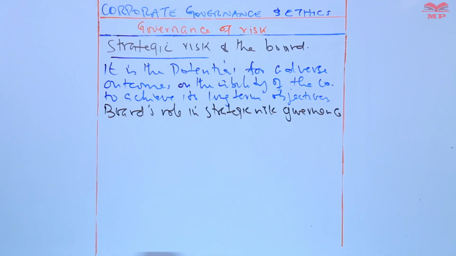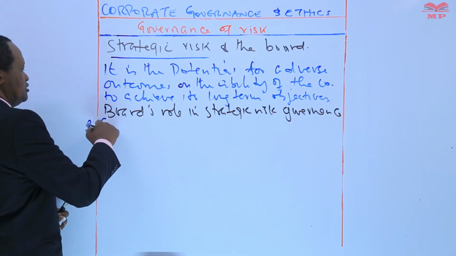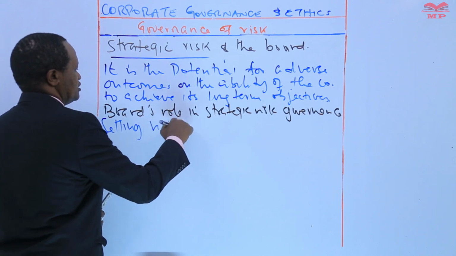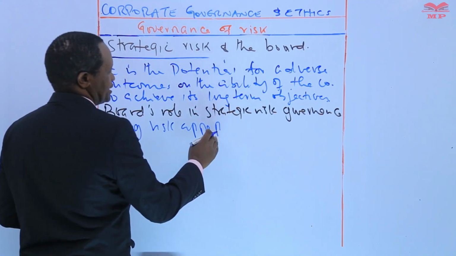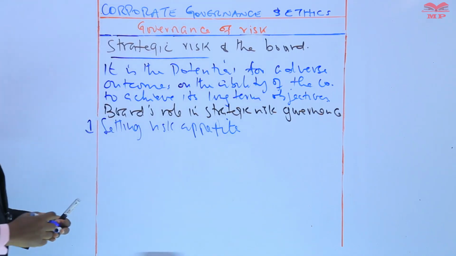The first role is setting risk appetite. It is the role of the board to set the risk appetite of the company.